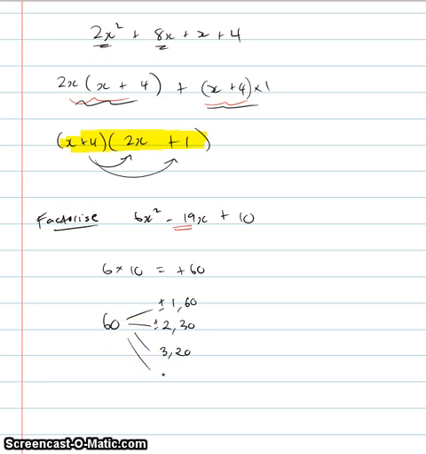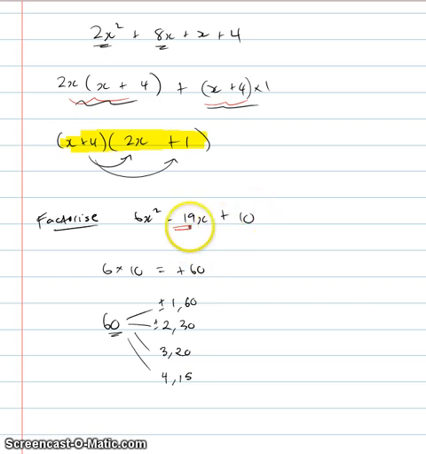Then I look at 4 goes into 60, and 4 times 15 is 60. So that will multiply to give me 60. Now will it add to give me 19? Oh yeah, look, it's looking good.